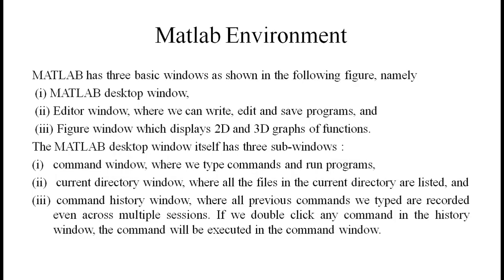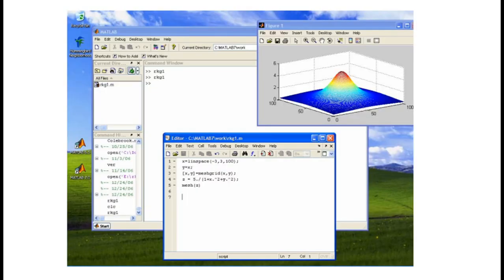The MATLAB desktop window itself has three sub-windows: the command window, where we type commands and run the programs; the current directory window, where all the files in the current directory are listed; and the last one is the command history window, where all the previous commands we typed are recorded, even across multiple sessions. If we double click any command in the history window, the command will be executed in the command window.